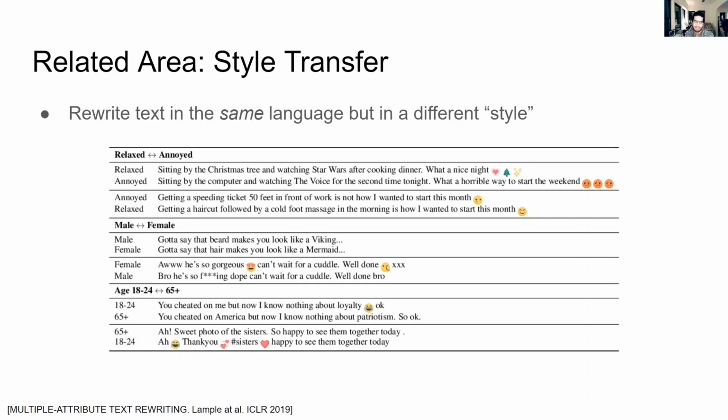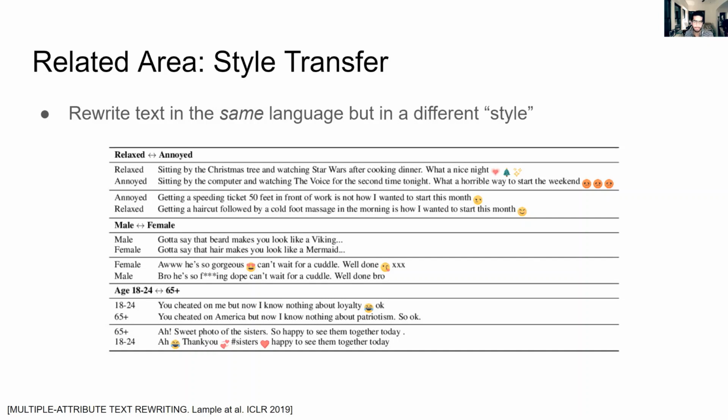Several examples of this are here. You want to translate something which sounds relaxed to something which sounds annoyed, or something written by an adolescent, and translate it to something written by a person who is older, because they're from different times, they would perhaps use different vocabularies.